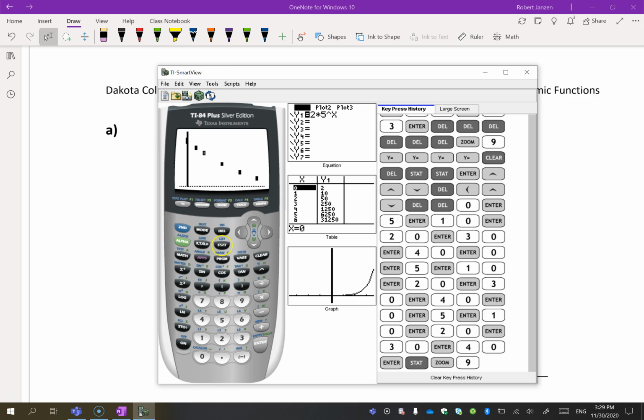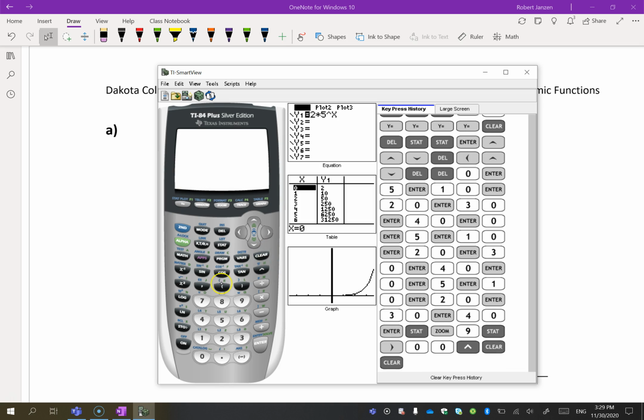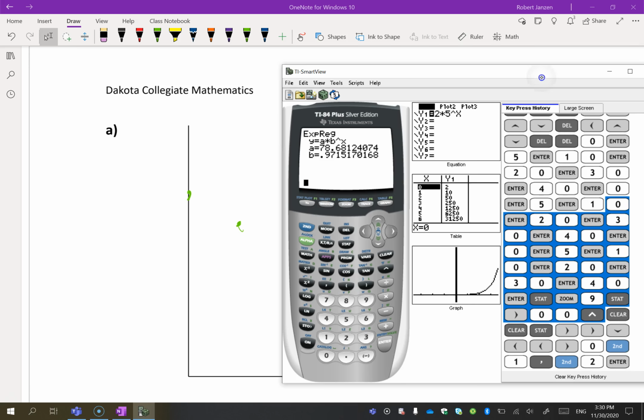So we're going to go to Calc, and it's the exponential regression. Let's clear this out so it's not confusing. Press 0, and I'm going to go L1 and L2. So there's our equation.